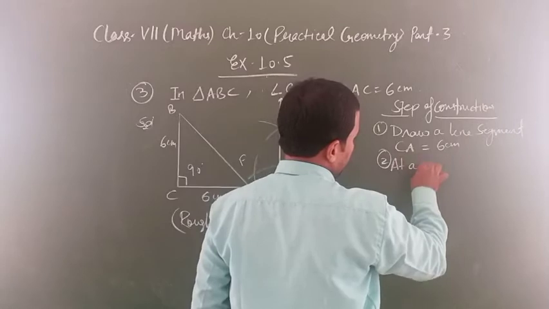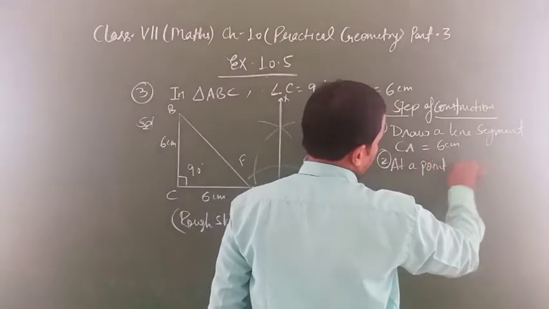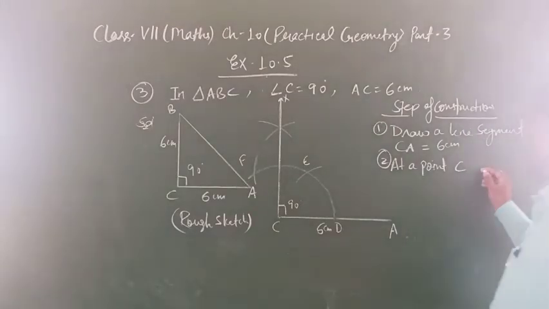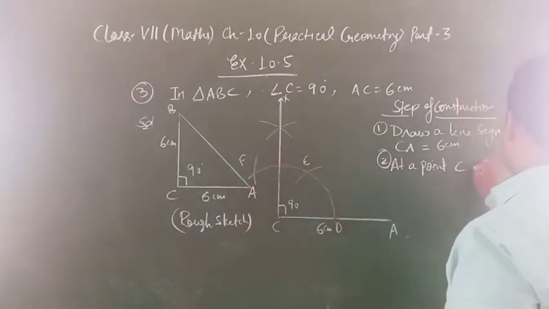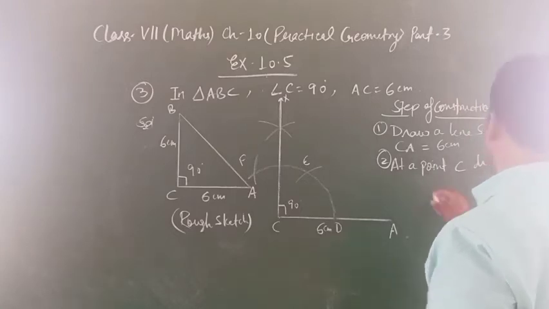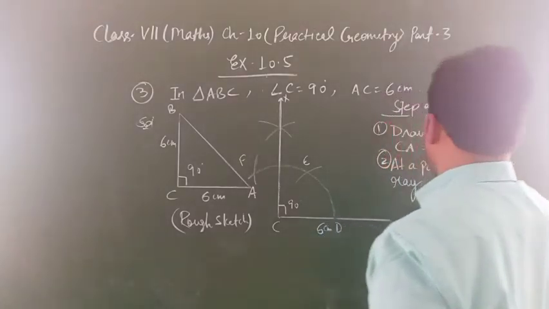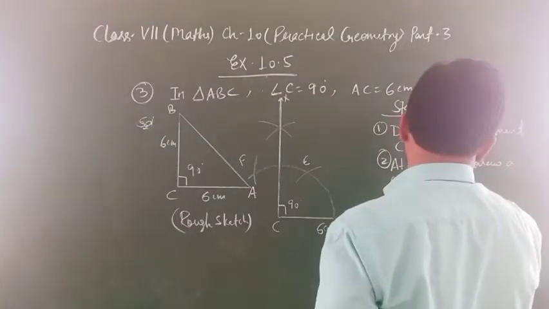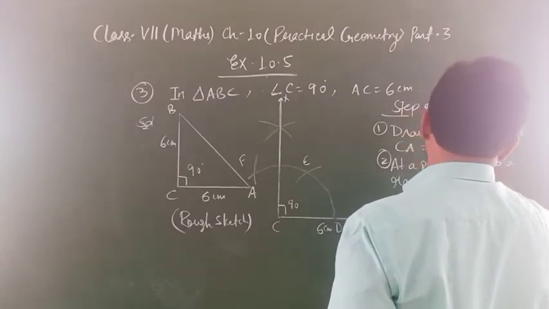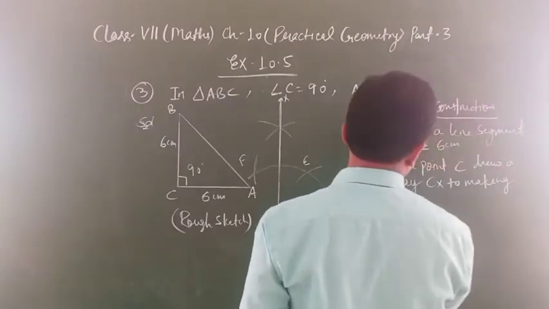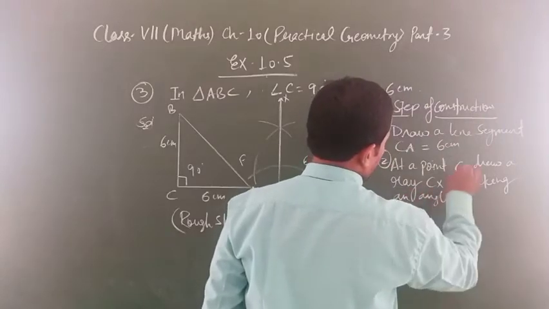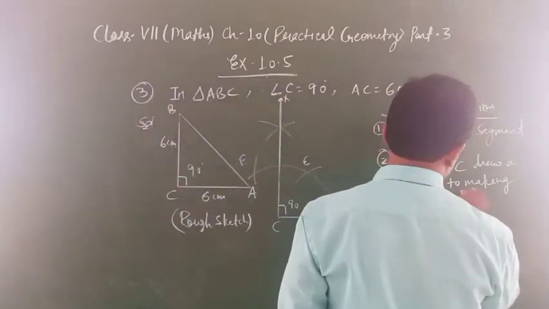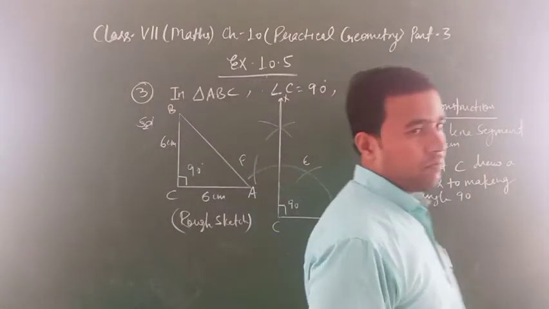At a point C, draw a ray CX, making an angle XCA equal to 90 degree. Clear?